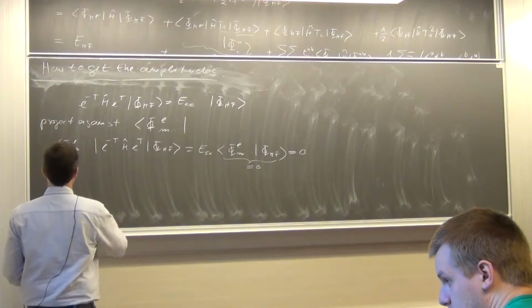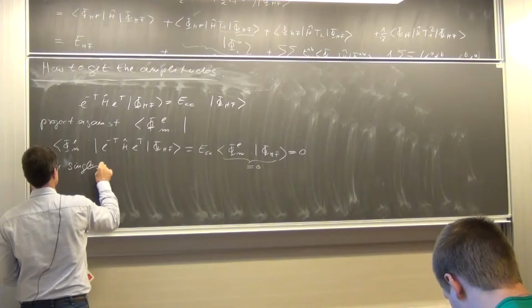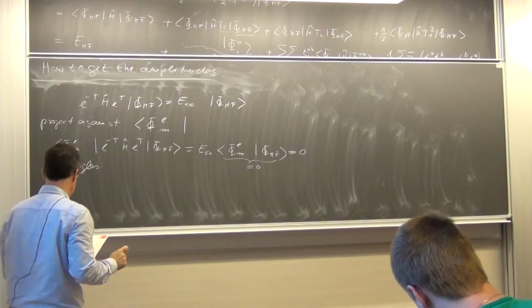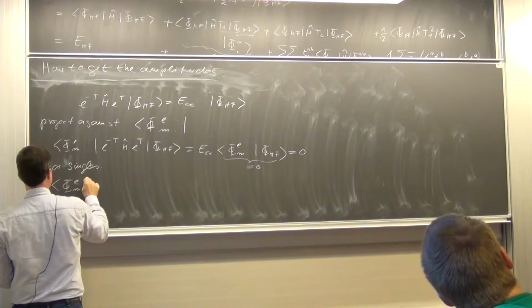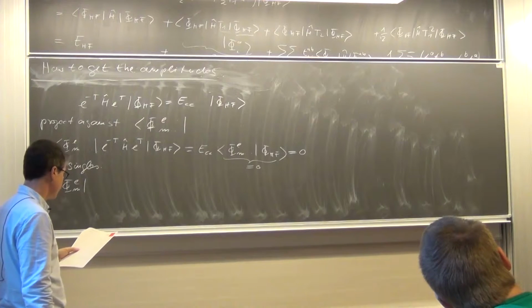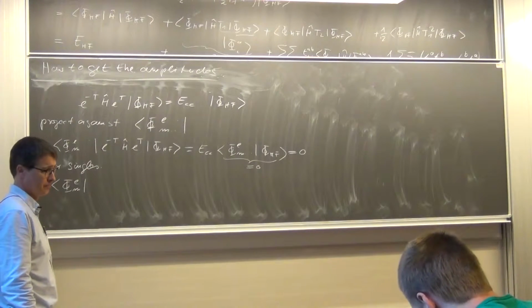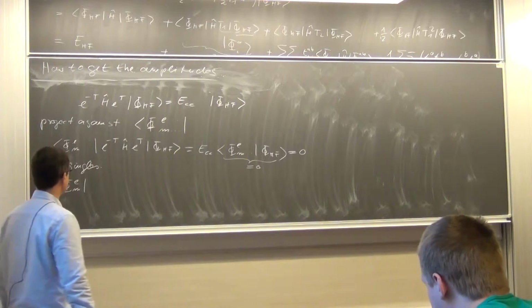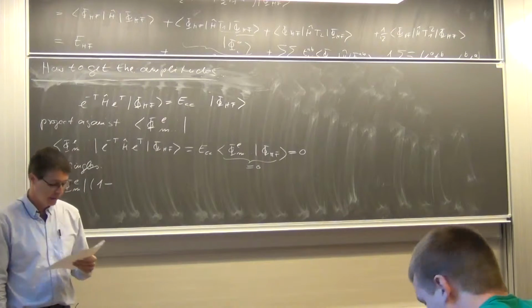So let's take the singles. For singles, then I have phi and E. That's a single excitation. Now I have to expand the e to the minus t. Remember there's 1 minus, because it's minus t.